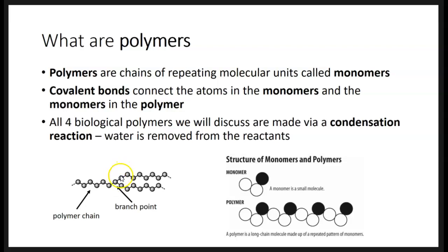Those bonds are sometimes regular patterns, and sometimes there are branch points or other interesting connections between these monomers. The other important thing to understand about monomers is that they are made of many atoms, so this simple diagram gives you an idea that a monomer is a small molecule with some repeating atomic parts, and then in the polymer, those monomeric units are joined together.